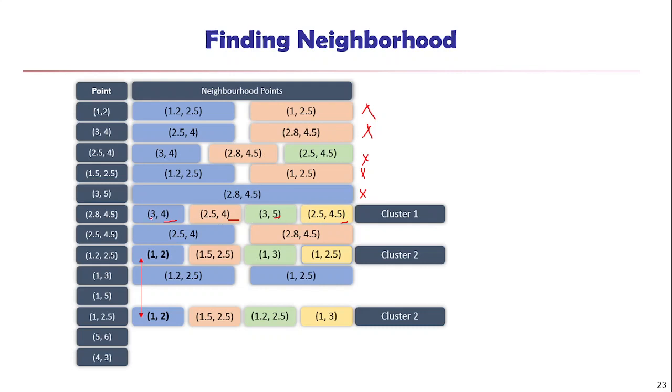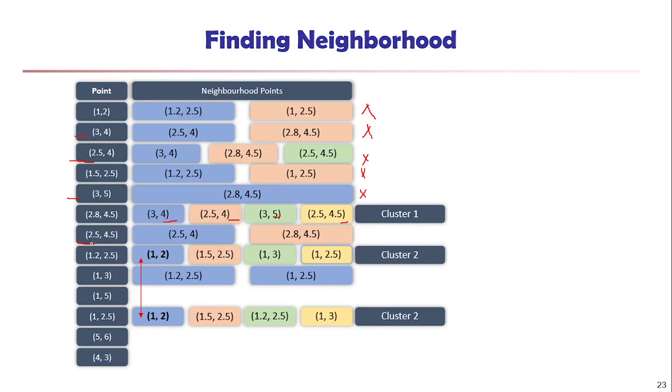Let me check. 3 comma 4, it is not a core point. 2.5 comma 4, it is also not a core point. 3 comma 5, also not a core point. 2.5 comma 4.5, also not a core point. So we cannot go to any other density connected point. Remember, the density connected point must also be a core point. So we need to stop here. Cluster 1 will stop here.